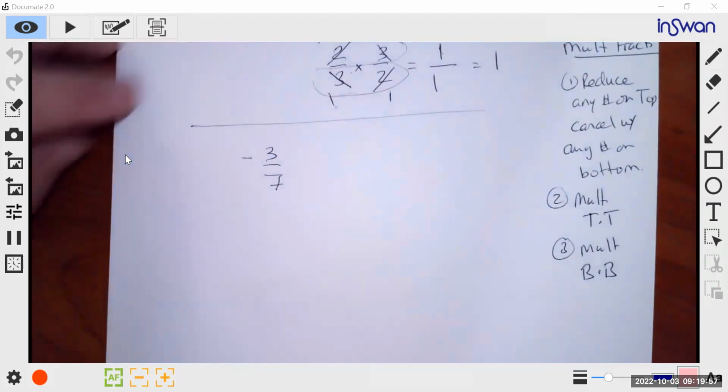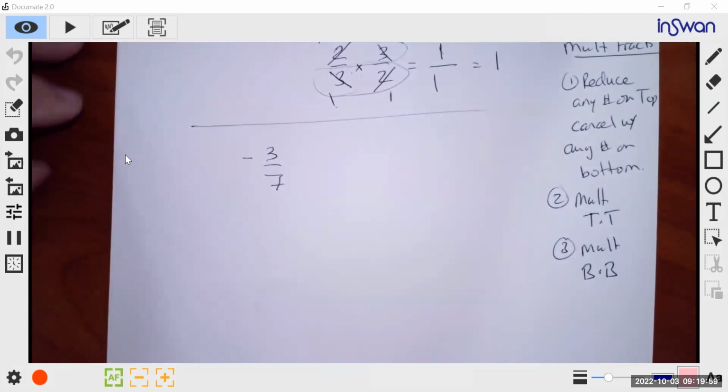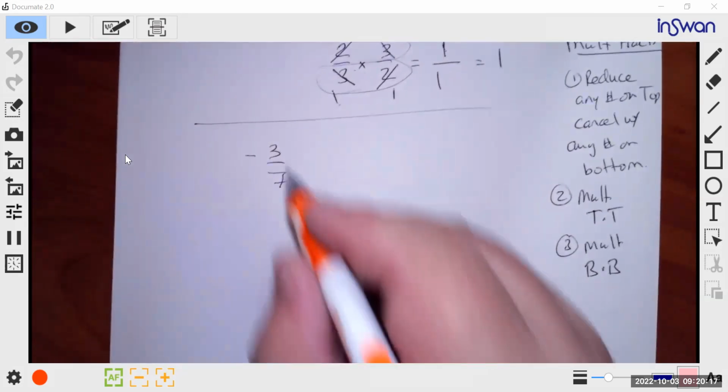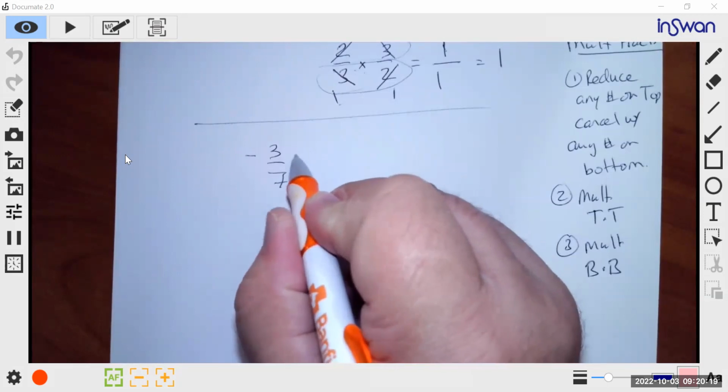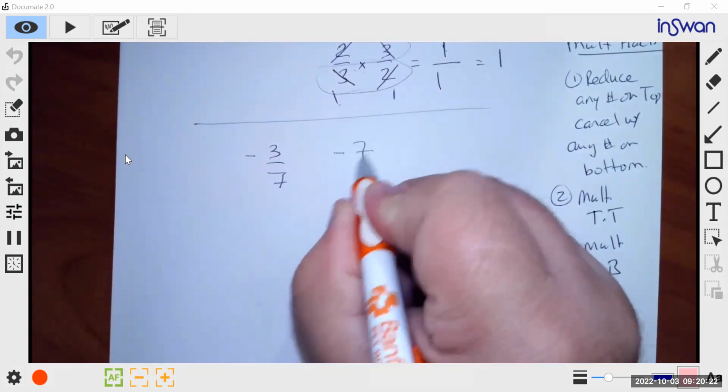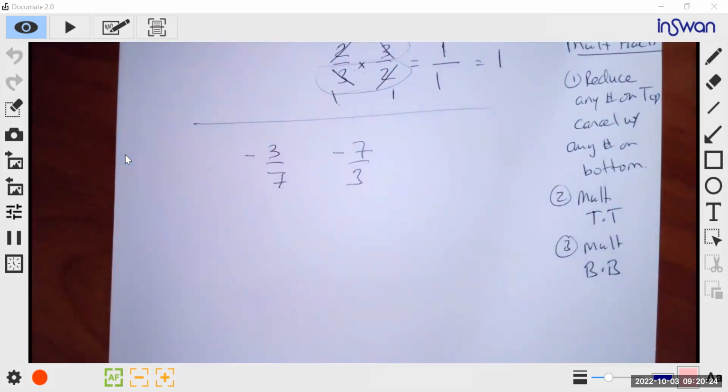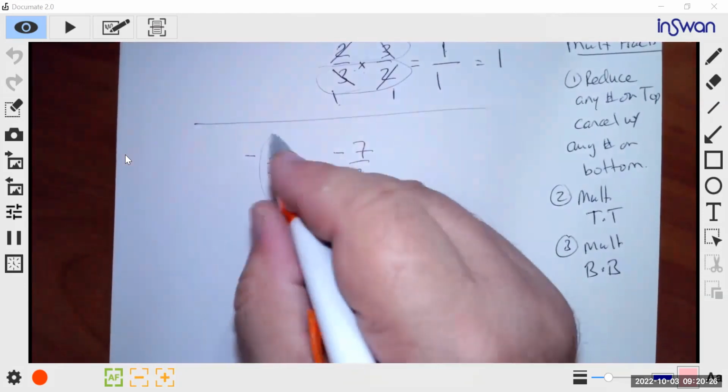How about if I gave you -3/7? What's its inverse? Just take what you have here. The opposite of this is -7/3. Take what you have and flip it.